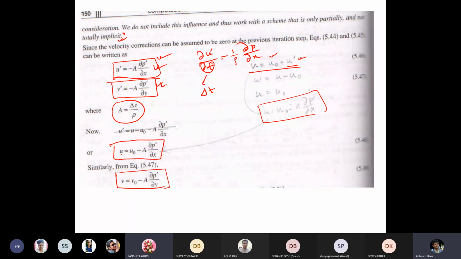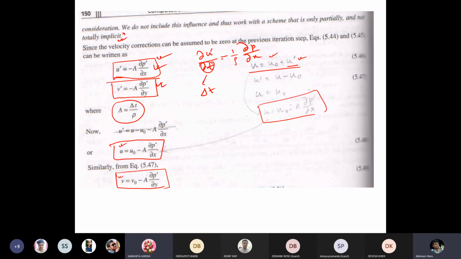Now you put this expression of u and v in the main Navier-Stokes equation, that is, in the continuity equation. The continuity equation is del u del x plus del v del y equal to 0.